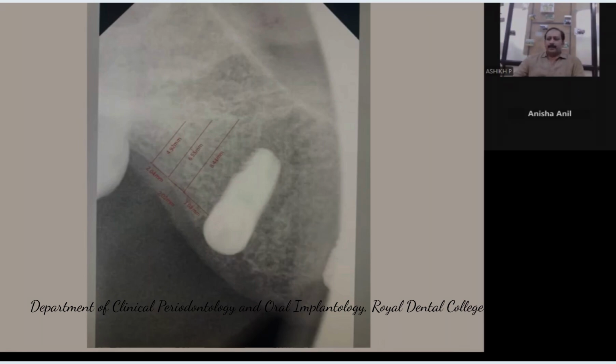So that makes it 4.25 plus 2 is 6.25 plus another 0.5 millimeter. So you need more than 7 or 8 millimeter of bone to accommodate a 4.25 millimeter implant, which I don't think is easy to get.